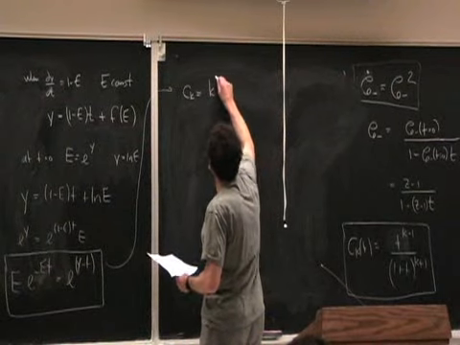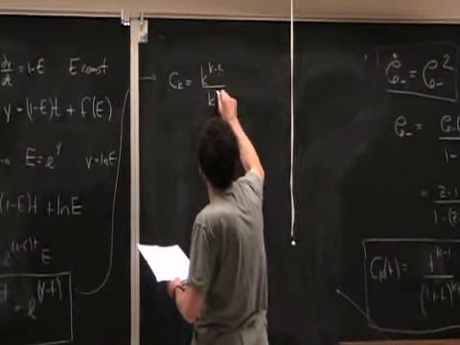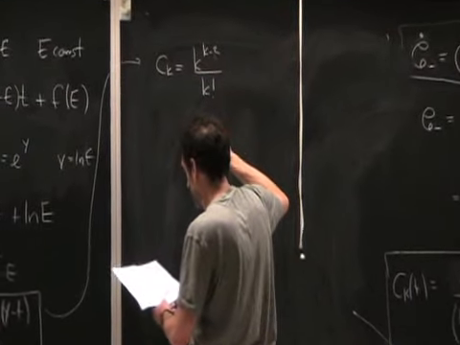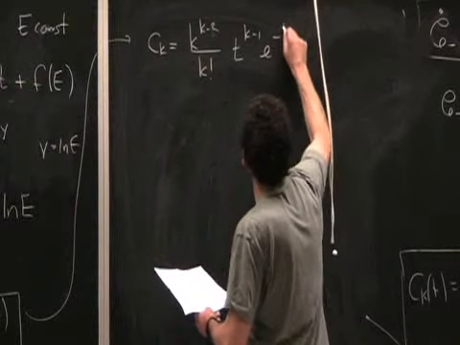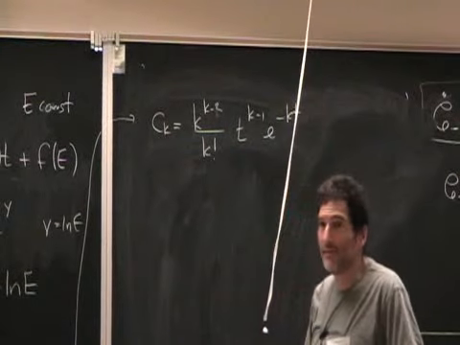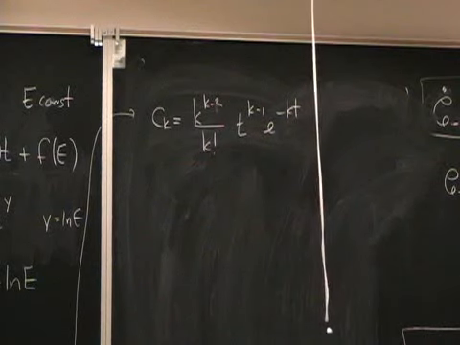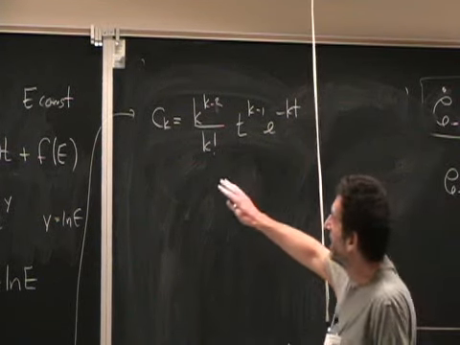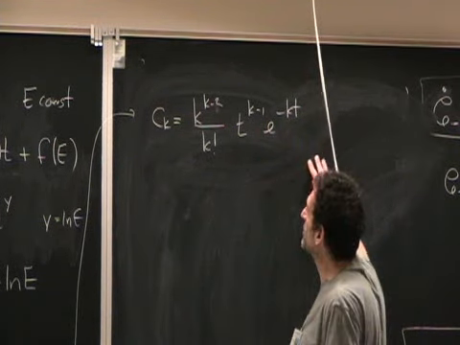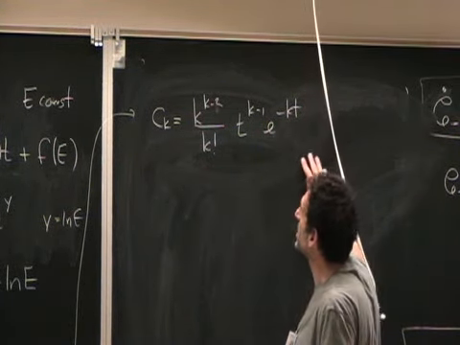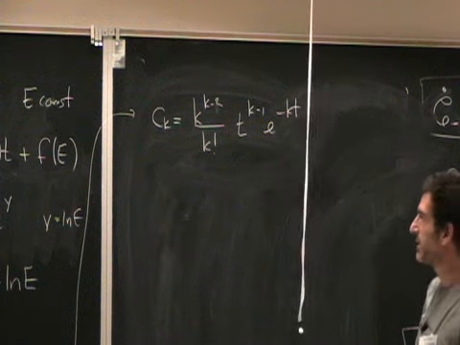It's k to the power of k minus 2 over k factorial, t to the power of k minus 1 e to the minus kt. So it doesn't look much more intimidating than that of the constant kernel. But the thing is that hidden inside of this formula are some wondrous properties, and the gelation phenomenon is contained inside of this simple formula. So let's look at this in a little bit more detail.